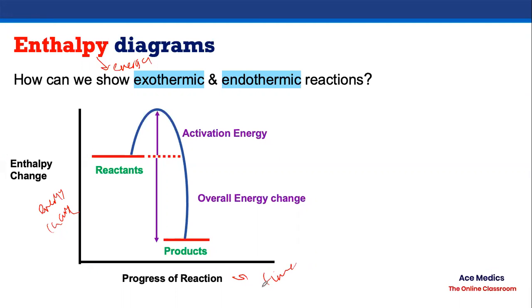So you can show whether this is an exothermic or an endothermic reaction by doing this kind of diagram. What happens is you put the reactants and the energy level of the reactants, and then you put the products, which is the energy level of the products. What this diagram is showing you is the change in the energy of the reactants and the change in the energy of the products.